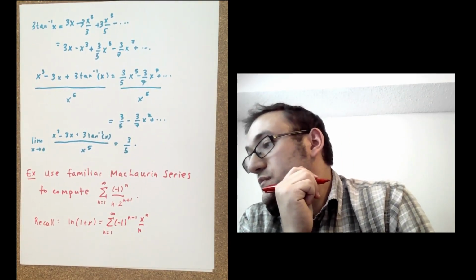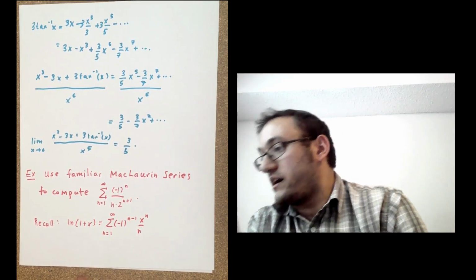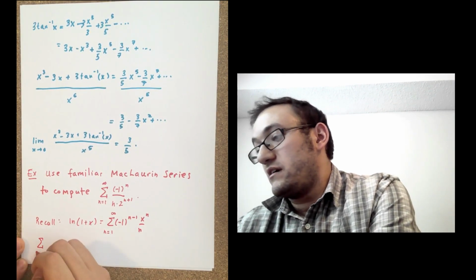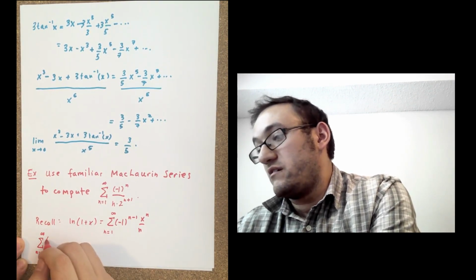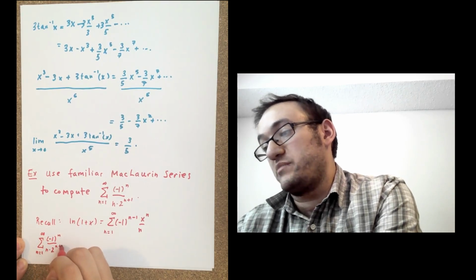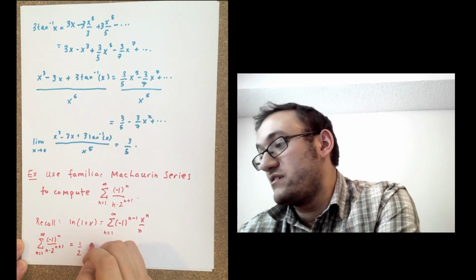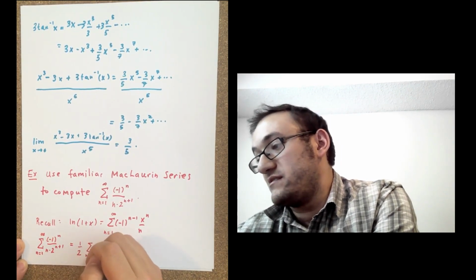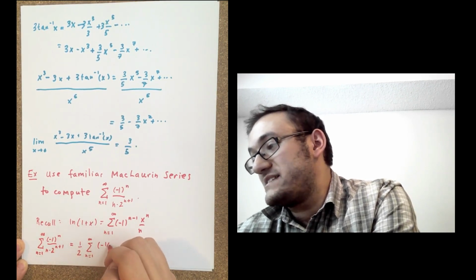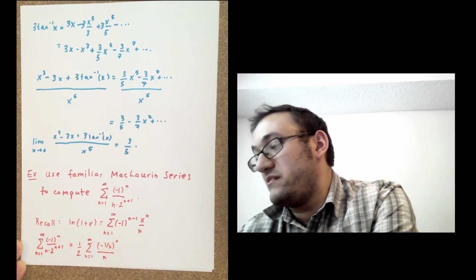So, looking at our expression, this is very close to log. We'll want to factor out a 1/2. So let's take this as the sum from n equals 1 to infinity of minus 1 to the n divided by n times 2 to the n plus 1. Well, this is equal to 1/2 times the sum from n equals 1 to infinity of minus 1/2 to the n divided by n.